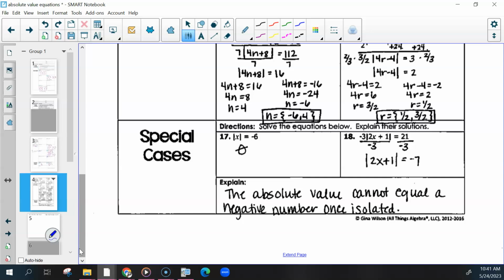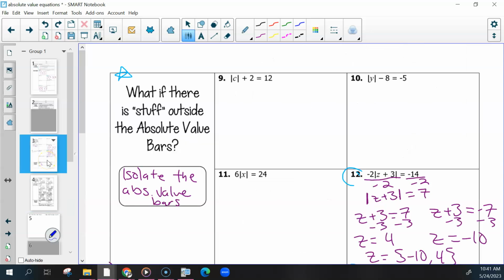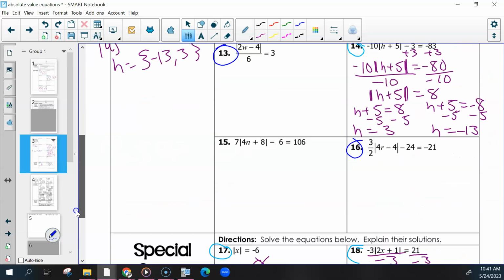Absolute value cannot equal a negative number when isolated. So we'll have time to do 13, but not 16. We'll do that one when we come back.